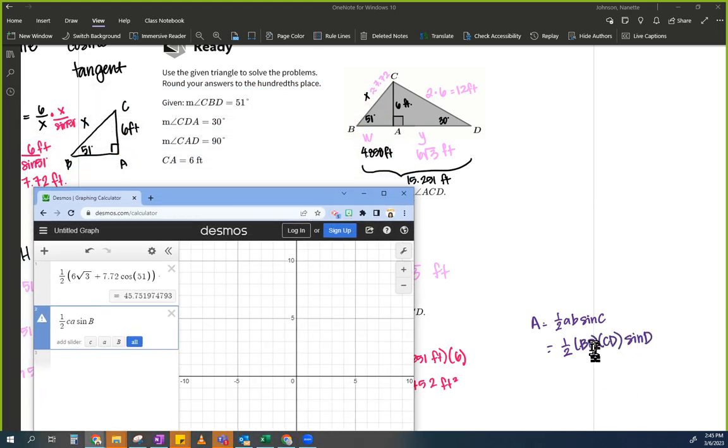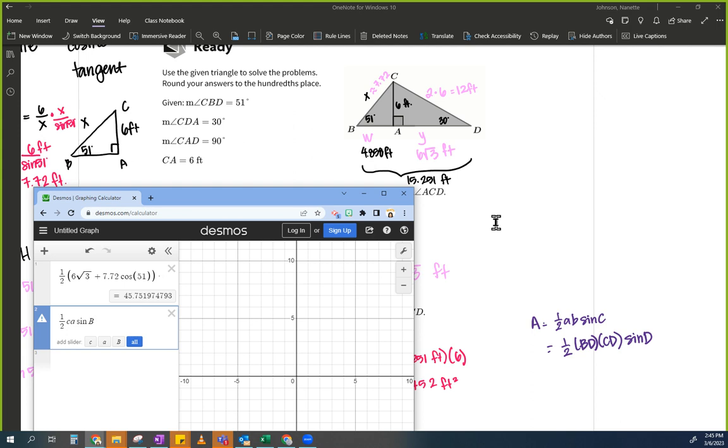Just a little side note, when I put BD like this, I'm saying the length from B to D. If I put a hat on it, it's now talking about the actual segment. No hat means the length of B all the way to D, also known as 15.251.